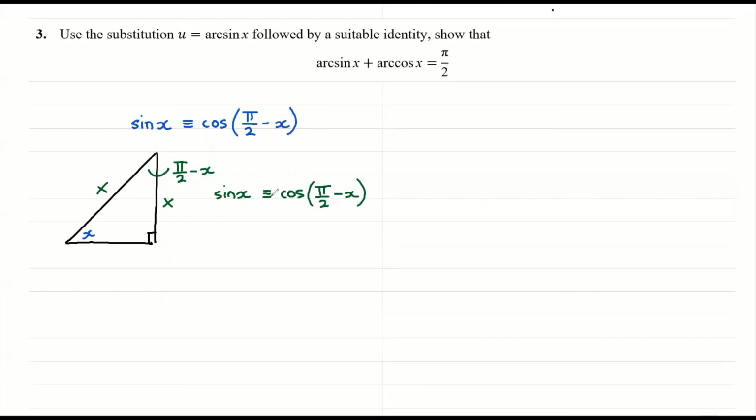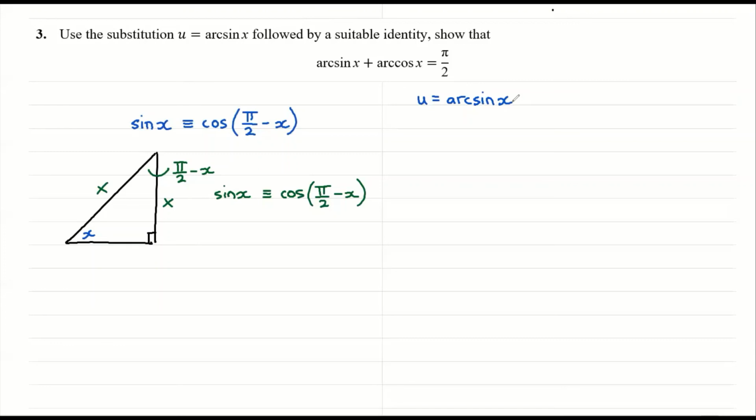Now, how does this apply in this question? Well, it allows us to answer quite a difficult question in just a few steps. So we're given some piece of information here. We're told that u equals arcsine x. Okay, let's write that down. So u is equal to arcsine of x. Now, in the same way when you write down a logarithm, as we did earlier in the course, there's another piece of information we can write down.